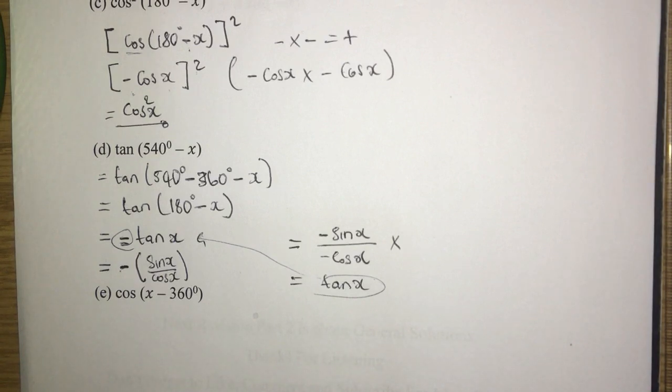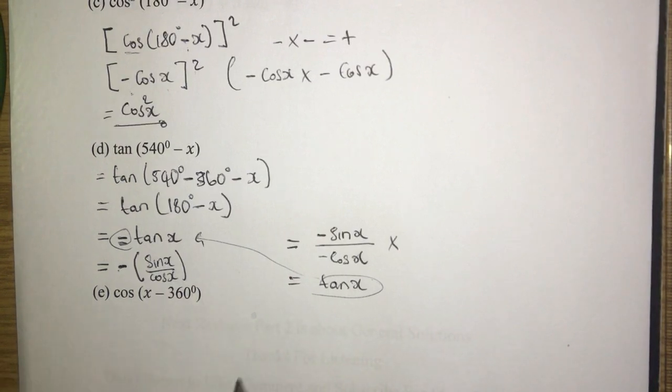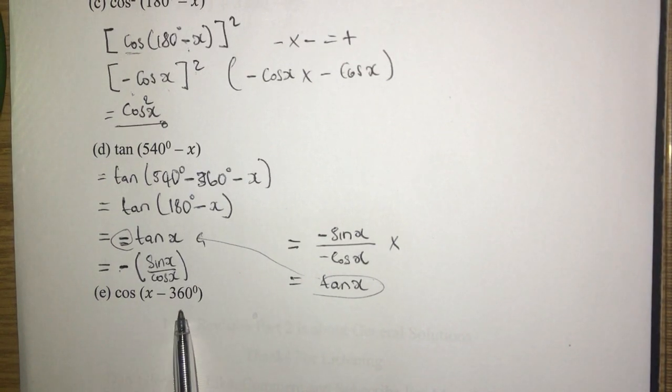So then let's go to E. E now says cos(x minus 360). Am I used to x minus 360? No, I am used to 360, at least minus or plus, starting with the angles that I usually know.